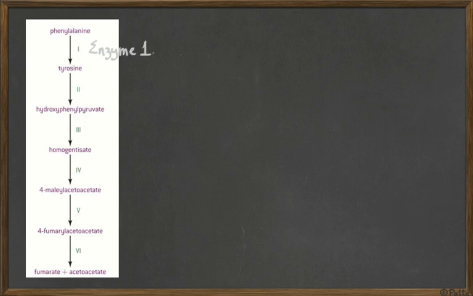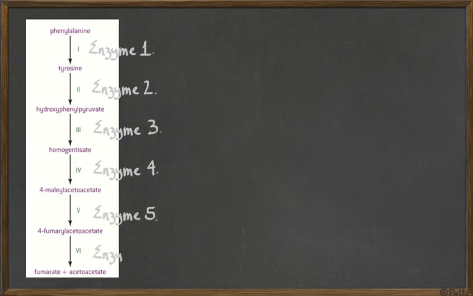I have enzyme number 1, and then I have enzyme number 2, enzyme number 3, enzyme number 4, enzyme number 5, and enzyme number 6. So for making this metabolic pathway, I need 6 enzymes. These 6 enzymes are going to be contributing to making this major change from phenylalanine to fumarate and acetoacetate. 6 of them.